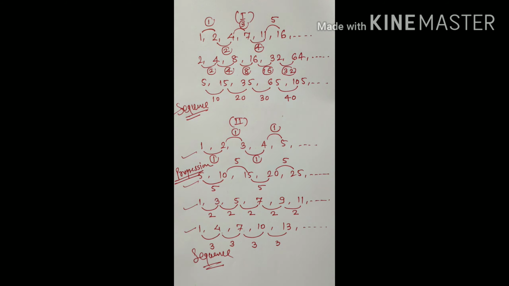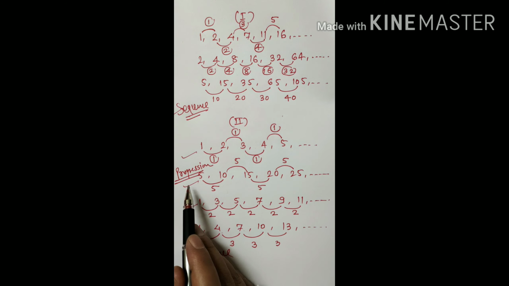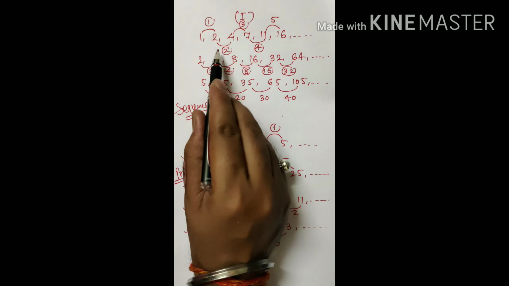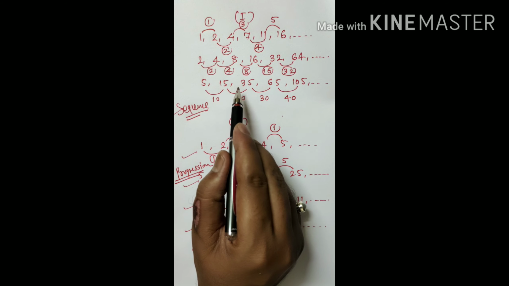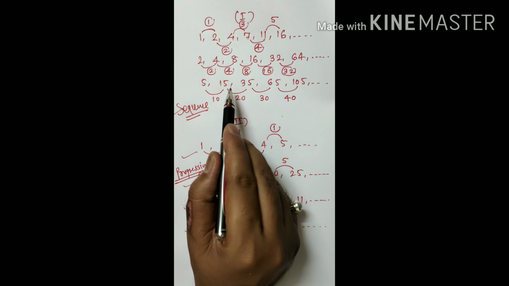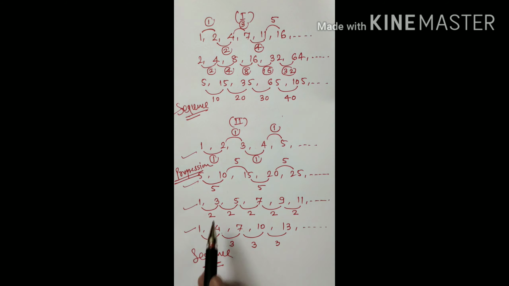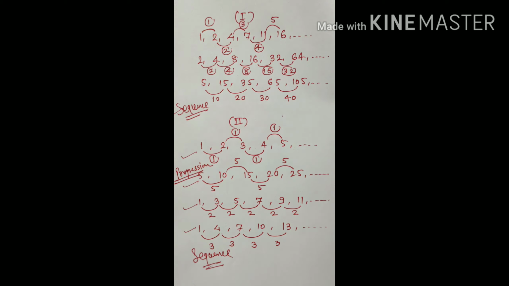Remember, student, all sequences cannot be progressions, because to be a progression, the difference between two consecutive terms should be constant. So this is a sequence, but here the difference between two consecutive terms is not constant. Therefore, we will say that this sequence is not a progression, but this progression is a sequence.